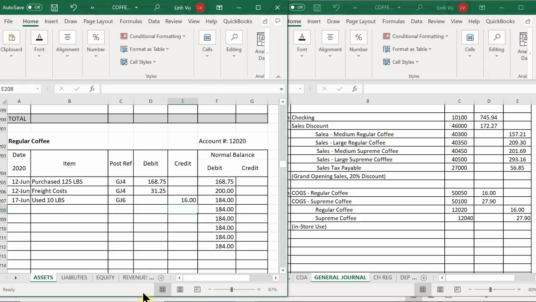And you know what that matches? Where do you see this 184? In your inventory worksheet.